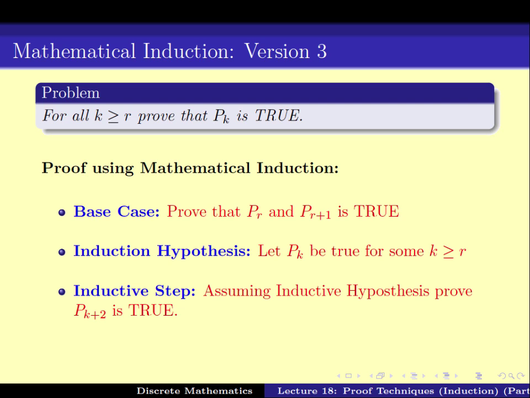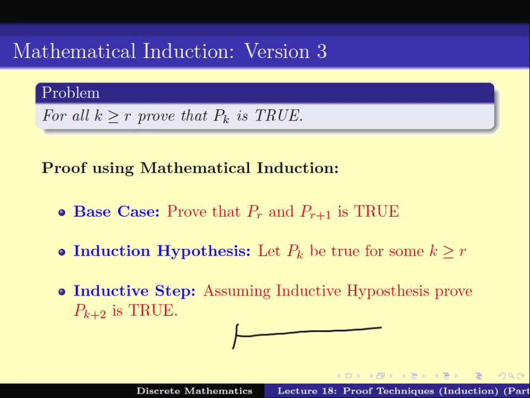As I told you in the last video also, the idea is to ensure that every possible point is getting proved. So for example, if this is r, the base case says that I know how to solve r, I know how to solve r plus 1. Now the induction step will say that if I know r, I know how to prove r plus 2.